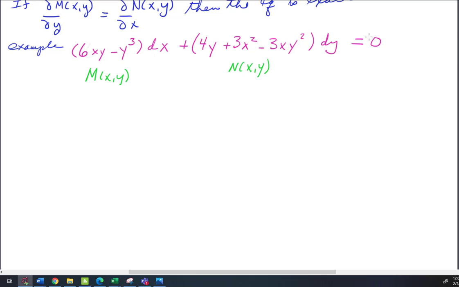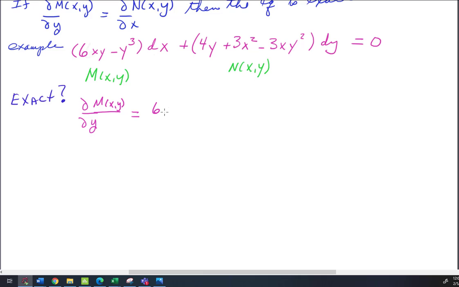So, got to get a color here. So our first question is, is this an exact equation? Well, to judge if it's exact or not, we're going to look at the partial of m with respect to y. Now I'm abbreviating. You know, this is m of x, y. Well, no sense in skimping. So here's m, so let's take the partial of m with respect to y.